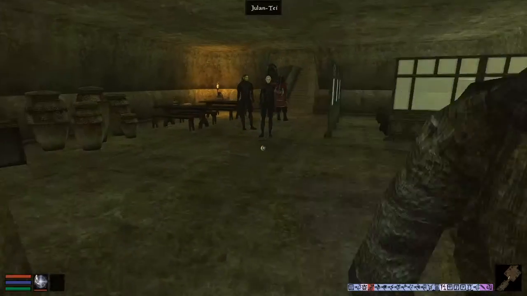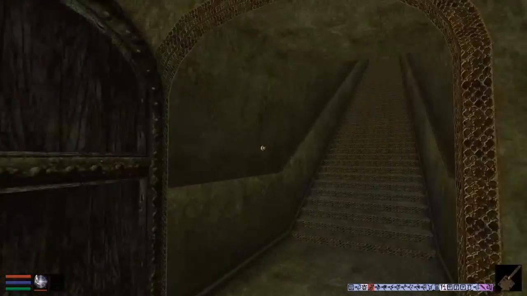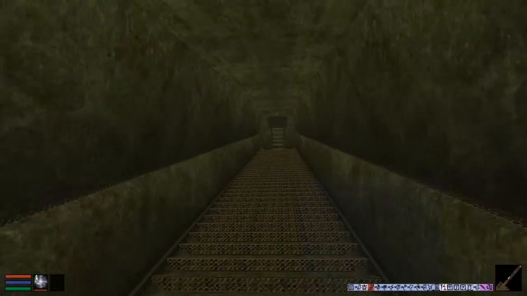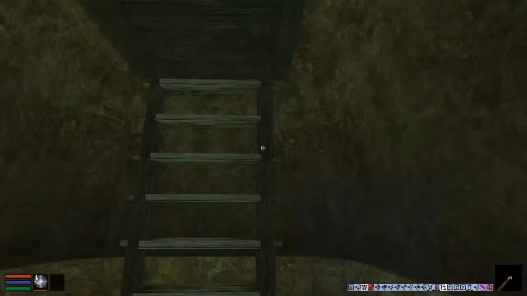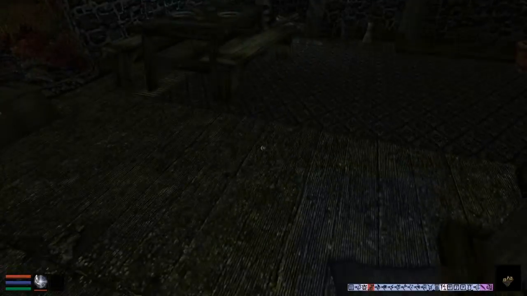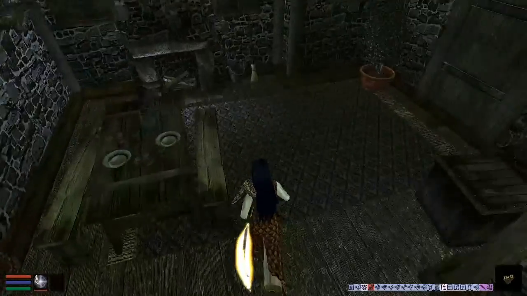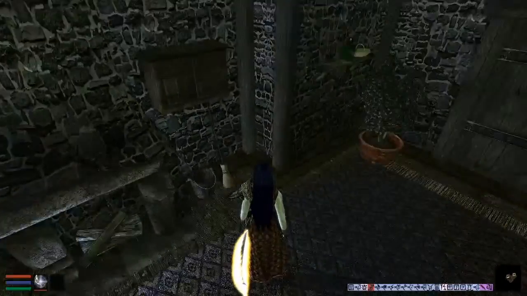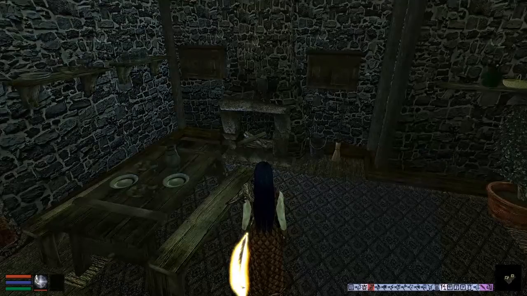So just showing you out of curiosity. Yeah, this secret place here is under Falanimo's house. I don't remember if you get it after the standard quest.